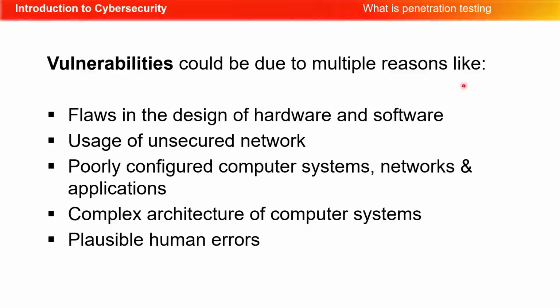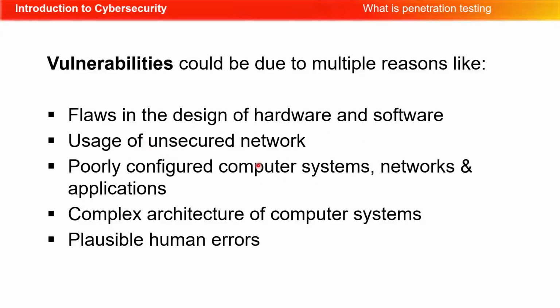So, what vulnerabilities are available to me to exploit so that I can penetrate an enterprise's information, network, and computing systems? Any flaws in design of the hardware or software, the firewall, anything like that? Usage of an unsecured network.